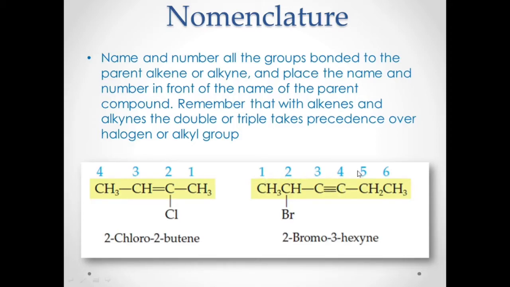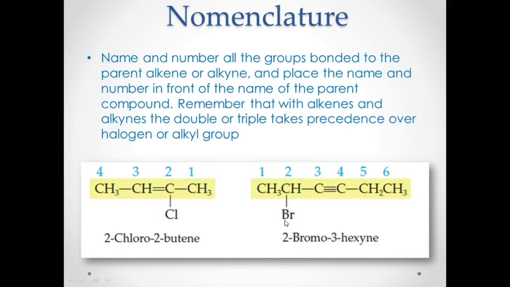But if you number this from the other side, like 1, 2, 3, 4, 5, 6, both your substituent and the triple bond attain the lowest numbers. So you should number this that way. Okay, so 1, 2, 3, 4, 5, 6.